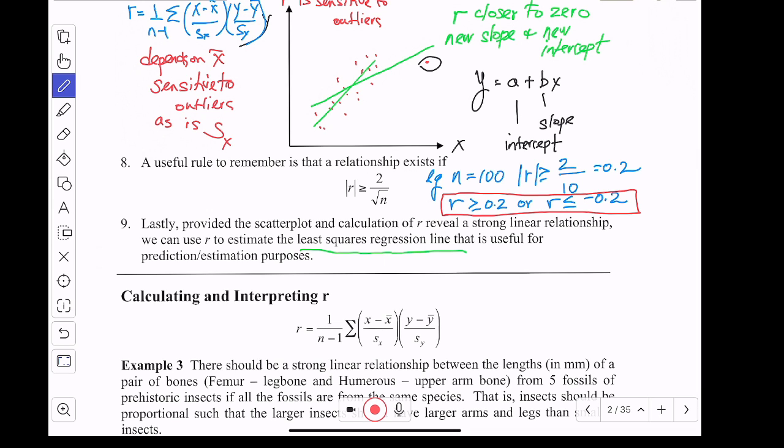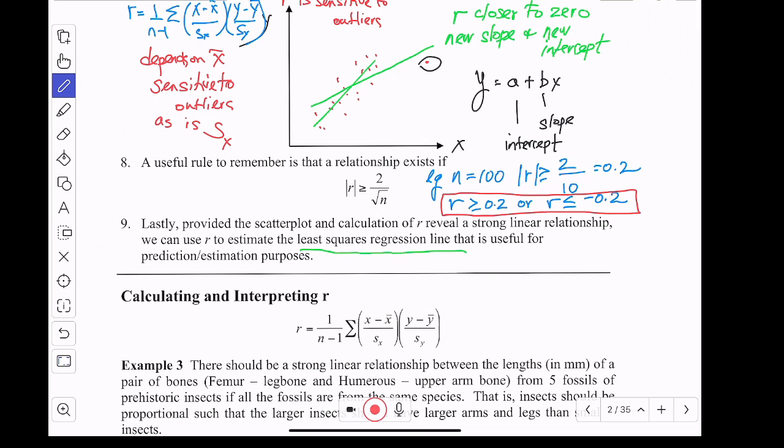Okay, what I want to do now is, I'm going to jump over all these notes. I'm going to teach you how to make these calculations in your calculator. And then with the time remaining, I'm going to show you where the formulas come from.